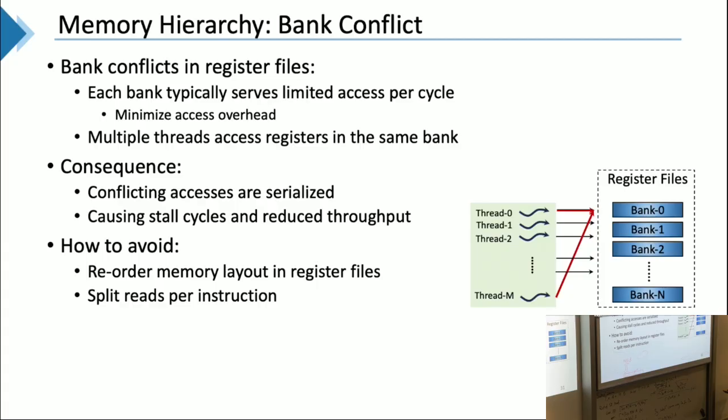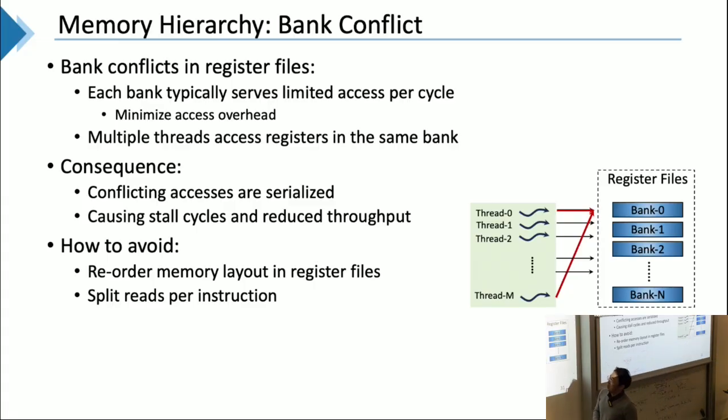For example, each bank has an access width of 32 bits. Each bank can only be accessed by one thread at one time, and this thread also tries to access 32 bits at one time.